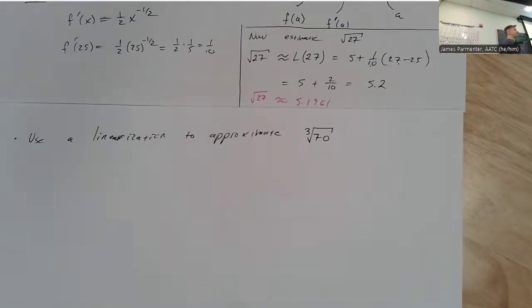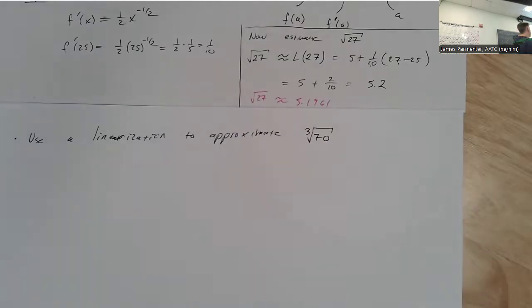So, unlike the previous problem, where they gave us the function, told us where to linearize it, and then we did the linearization and plugged in the right value, they're giving us none of that here. So it is our job to identify the function and the a value. It's not as bad as it sounds. The function is usually pretty easy to identify. Take whatever they're asking you to approximate and replace whatever number is input there with the variable x.